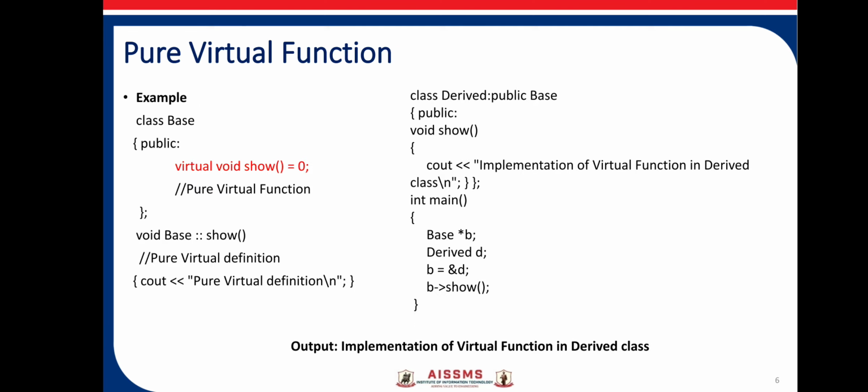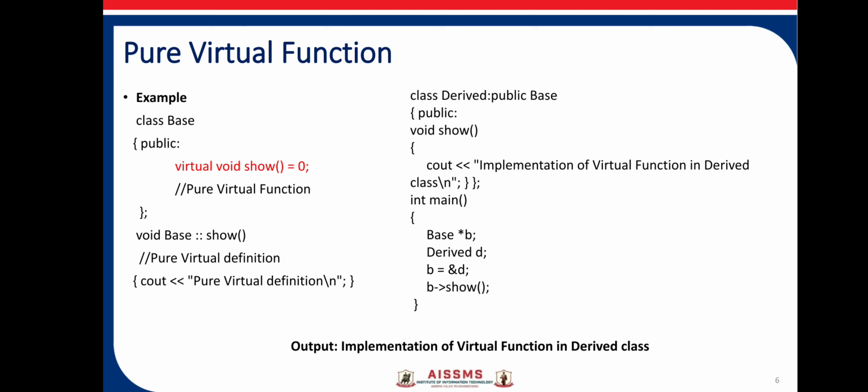To study this concept in detail, this is the example. Here the class name is base. We are declaring a virtual function with a value initialization equal to 0. That means we are declaring the show function as a pure virtual function in public visibility mode.